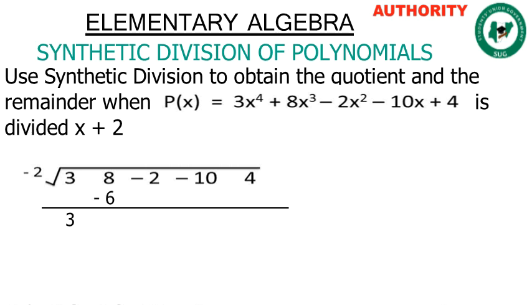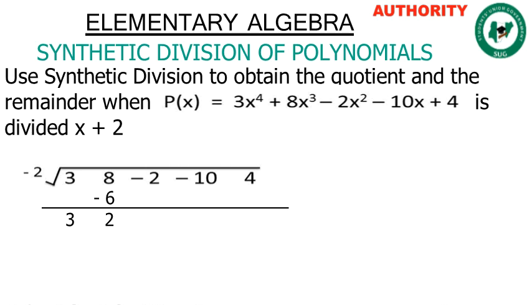We write this minus 6 under 8. Then 8 plus minus 6 is 8 minus 6, which gives 2. We write the 2 under the minus 6, in line with the 3.